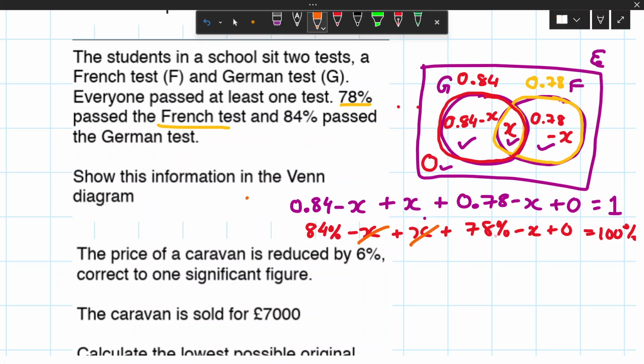Oh, that just doesn't make sense, does it? 78 add 84.